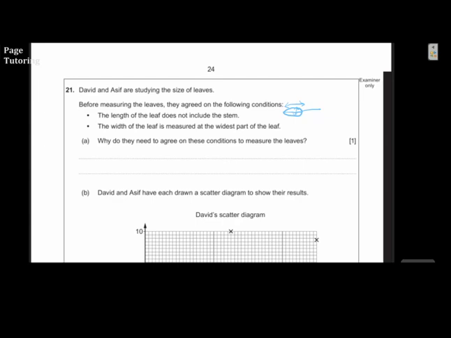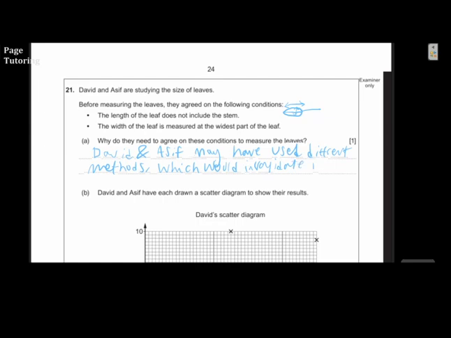So you could put David and Asif may have used different methods which would invalidate, so make the data worthless, the data.